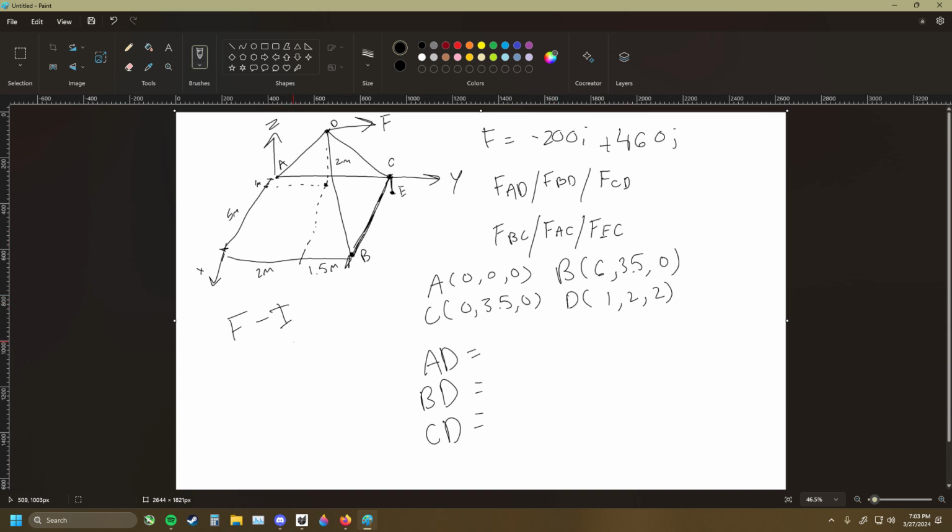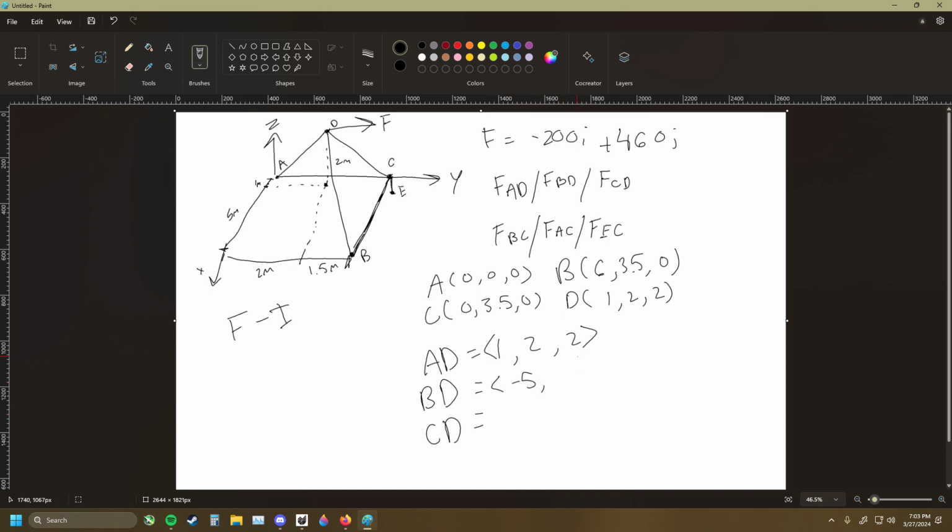So then we would get final minus initial: 1 minus 0 is 1, 2 minus 0 is 2, 2. Okay, BD. Final minus initial, 6 minus 5... So 1 minus 6, negative 5.